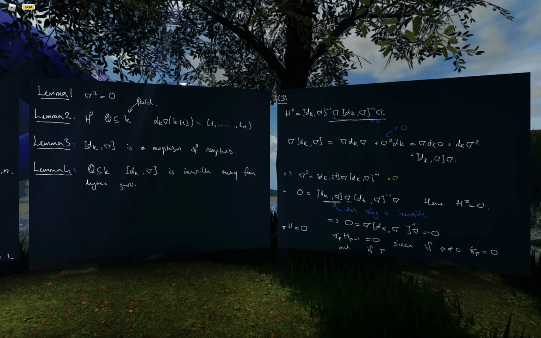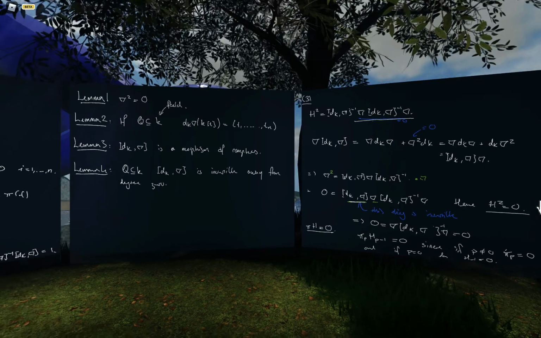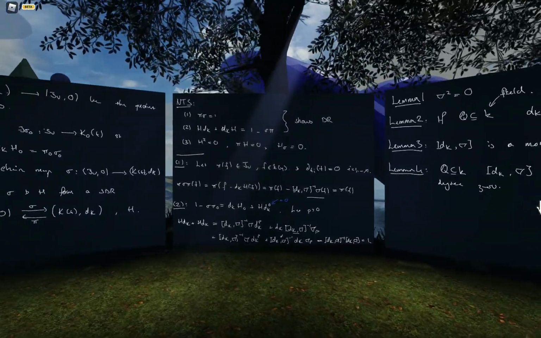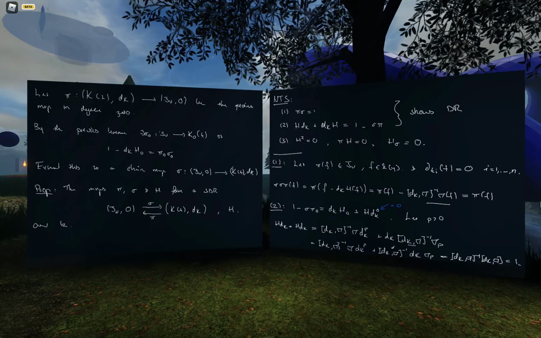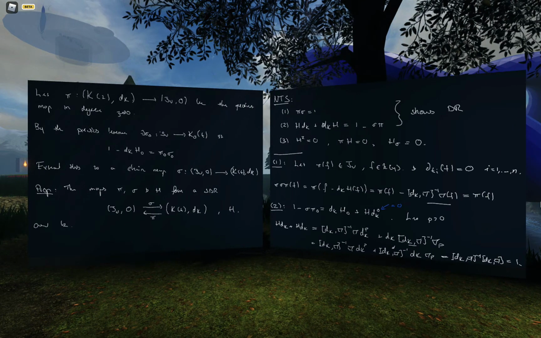And if P is equal to 0, then H of minus 1 is equal to the 0 map. So this thing is always equal to 0. And then finally, we can show the last step. So let's take a look. I'll do it at the bottom of board number 3. And then finally, we want to show that H sigma is equal to 0.